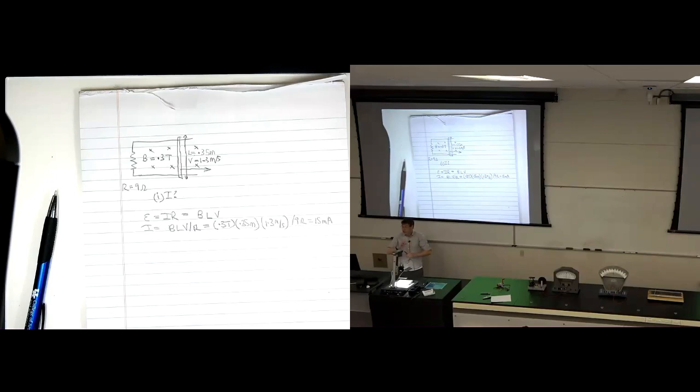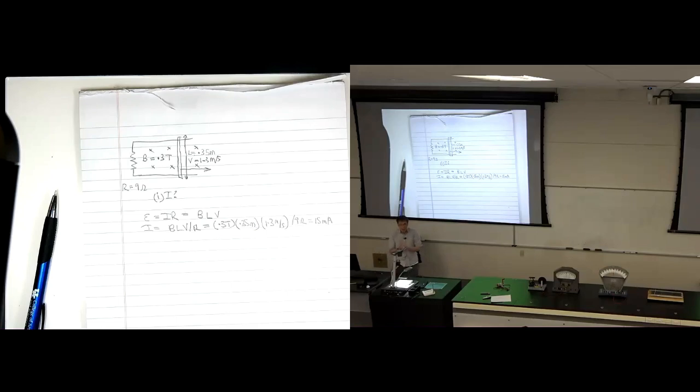It will try and stop the rod. And so we have to overcome the magnetic force on the induced current to keep the rod moving. So that's the basic reason we've got to apply a force: there is another force, a magnetic force, that appears when the rod is carrying a current, and we have to overcome that magnetic force.